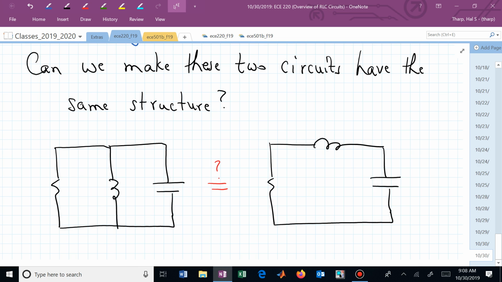Can we make one into the other and vice versa? Can we turn this parallel circuit into a parallel circuit, or a series circuit into a series circuit?